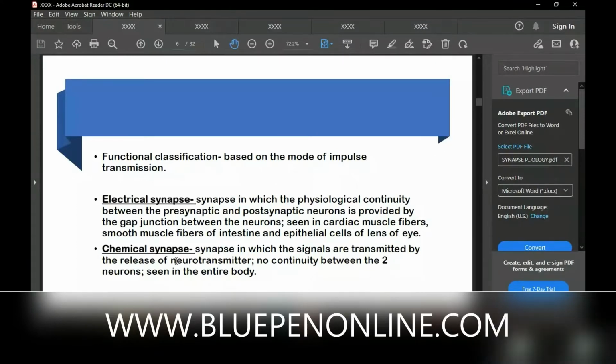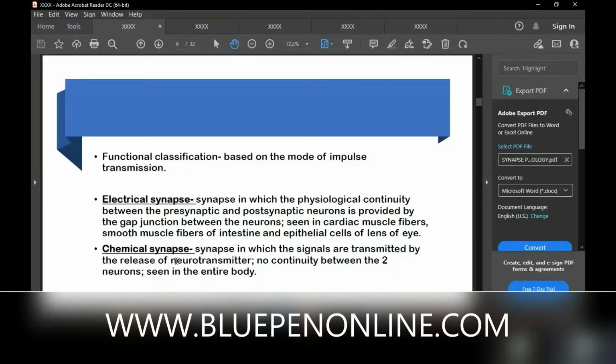Then glutamate, epinephrine, also called adrenaline. Then serotonin, dopamine, etc. There are many neurotransmitters. And the release of such neurotransmitters by the presynaptic neuron is called chemical synapse.